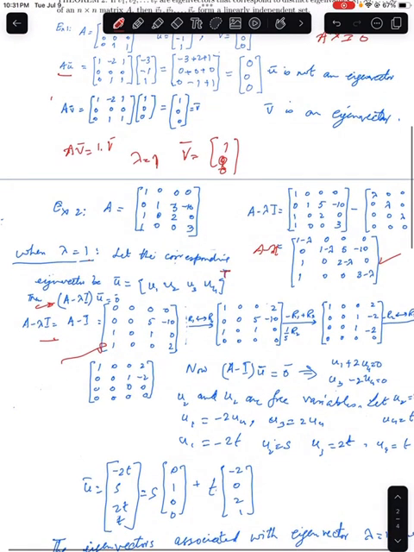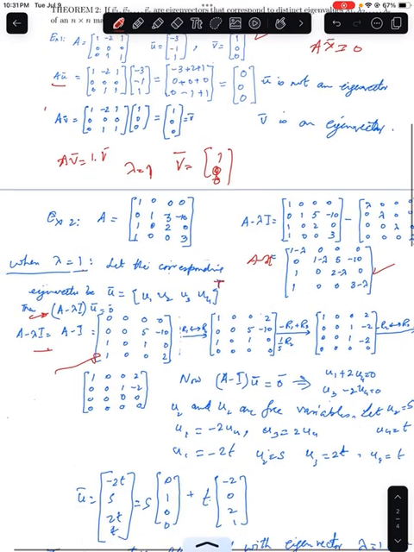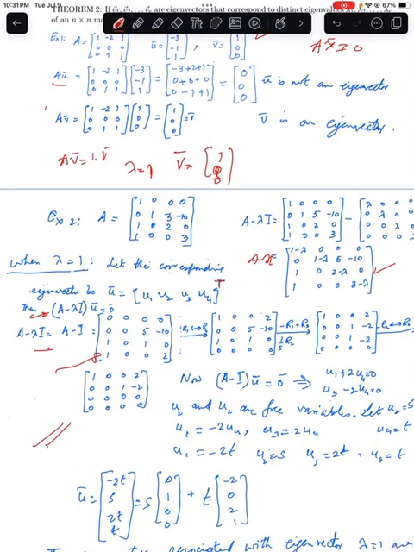So I did that and then performed other row operations, and I finally end up with this matrix, which is in reduced row echelon form.